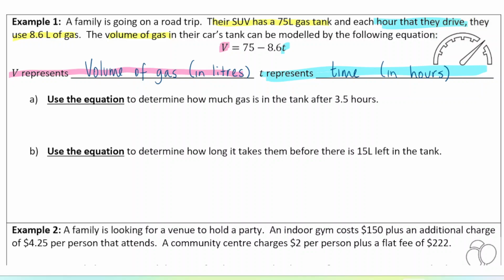Okay, so here's our equation. V equals 75 minus 8.6 times T. It says use the equation to determine how much gas is in the tank. So we want to figure out the volume after 3.5 hours. What I'm going to do here is replace the time in the equation with 3.5 hours and solve for volume.